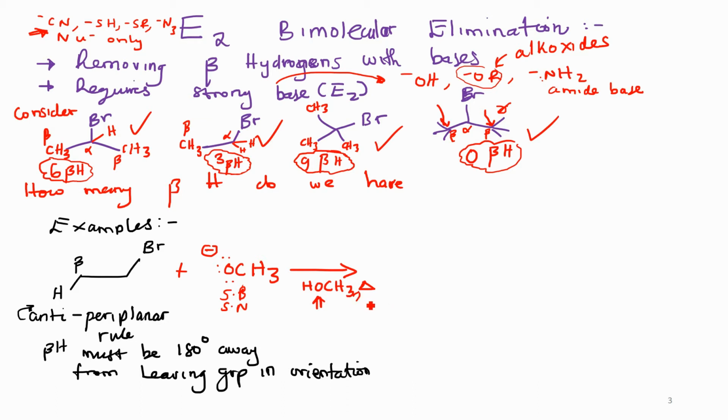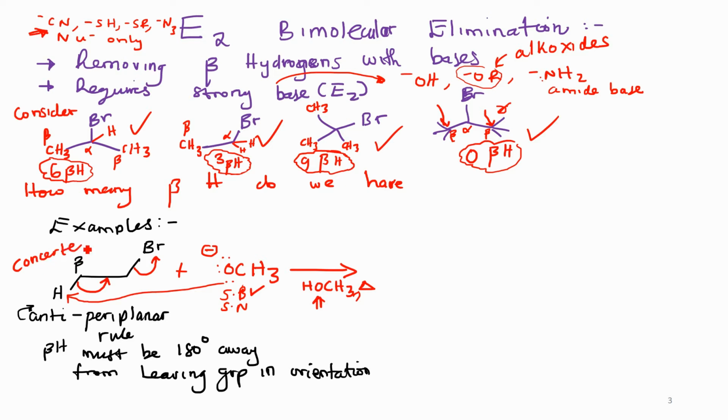Heating must be done for elimination to work, because there are more bond breaking processes than bond forming processes. You need energy. So the base will come and take out the hydrogen. Again, we are using it as a base, not as a nucleophile, because you are thinking elimination. So you take out the anti-periplanar beta hydrogen, and then you use this bond to make a pi bond, and this leaves, because remember we said that E2, like SN2, is concerted.